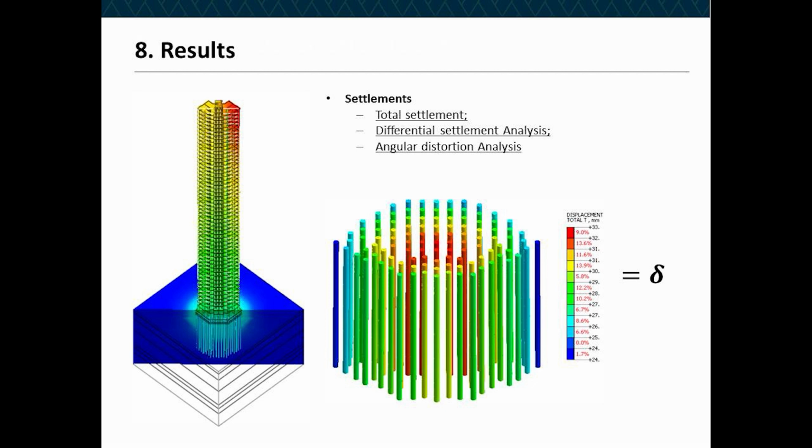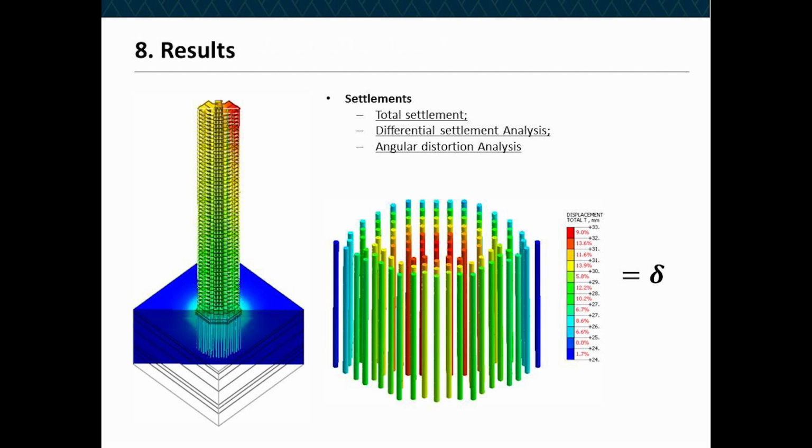As stated before, as this model is working with the whole superstructure attached to the foundation, the results of settlements, and especially the differential settlements, tend to be more real due to the stiffness and rigidity of the superstructure.